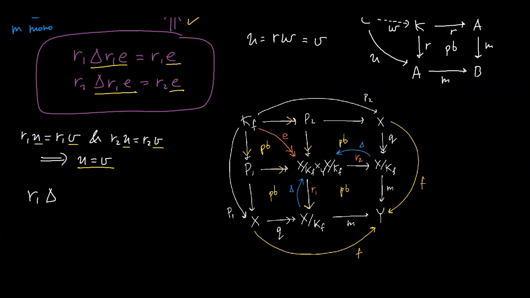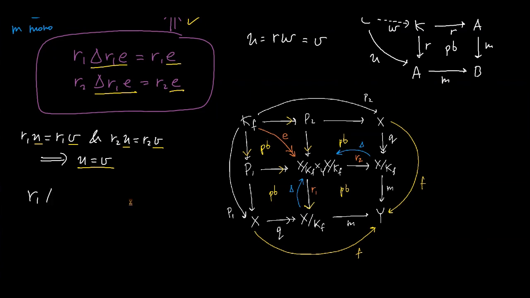So R1 delta R1E equals. Notice that R1E is the same as QP1 because of this, right? That equals R1 delta. Wait, it's actually easier than that. Sorry, this one is quite easy.